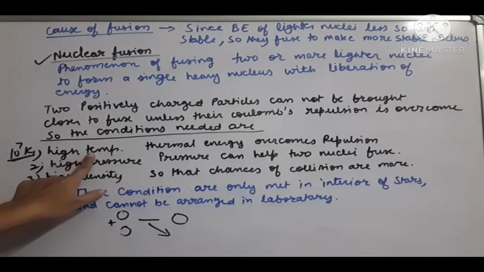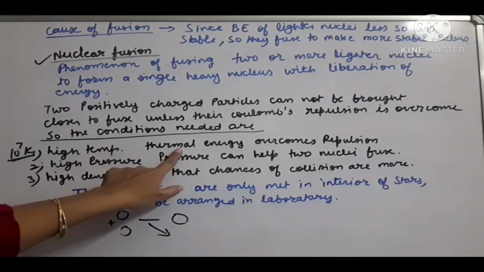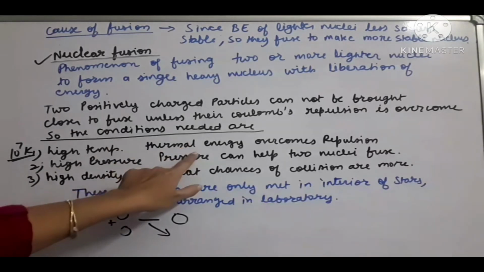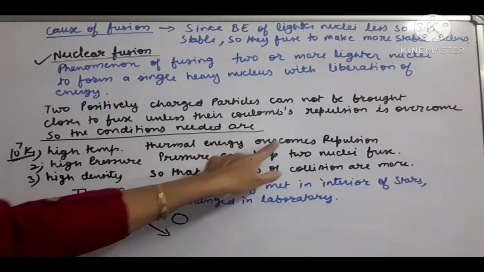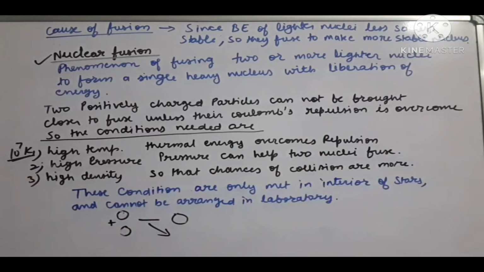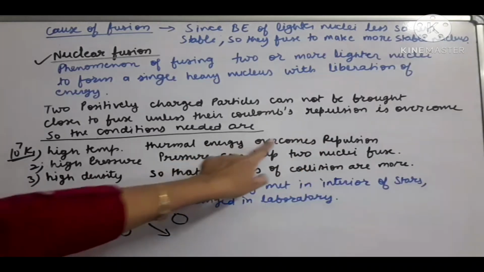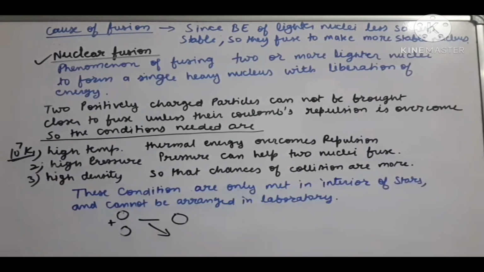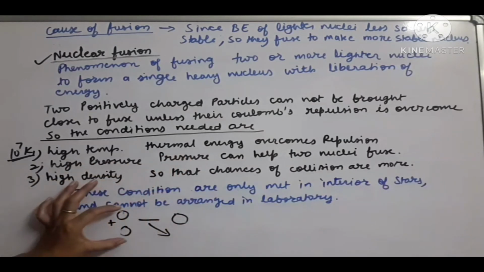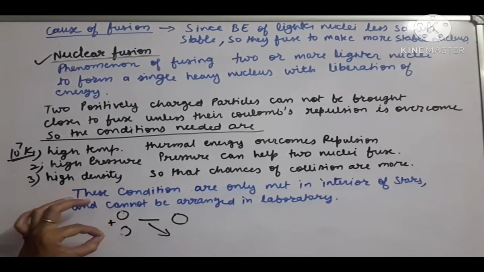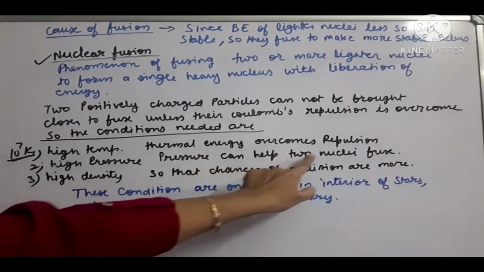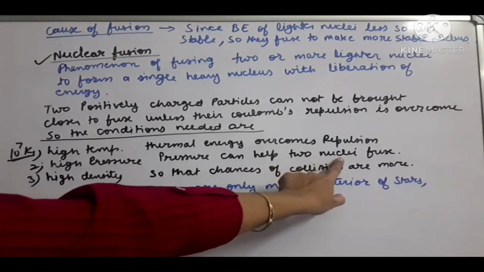High temperature gives high thermal energy, and this energy is capable of overcoming the repulsive force. So high thermal energy will overcome the repulsion. Now second is high pressure. Pressure means we apply pressure to both the nuclei to bring them closer to each other, so pressure will also help two nuclei fuse.